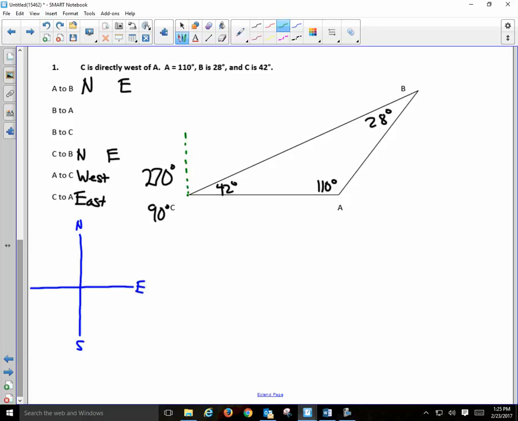Wherever I have a vertex on the triangle, I draw horizontal and vertical grid lines to complete a big box. And I draw it so that this is a 90-degree angle here. This is a 90-degree angle here.